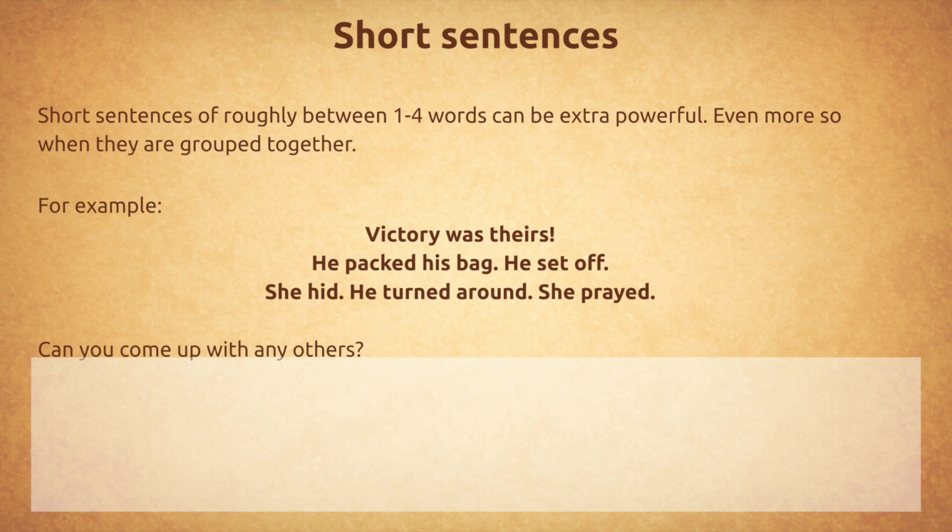He set off. She hid. He turned around. She prayed. This adds a ton of tension to the story, and it also explains action sequences quite clearly, because there are a lot of moving pieces and parts in action sequences. If you keep your language quite simple, you can write it very clearly.